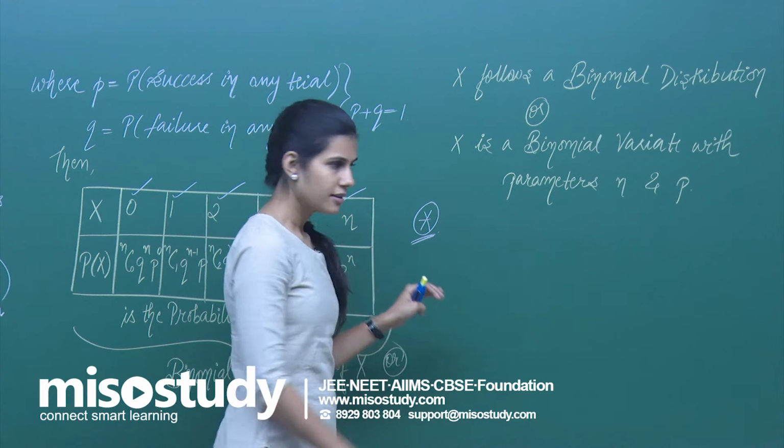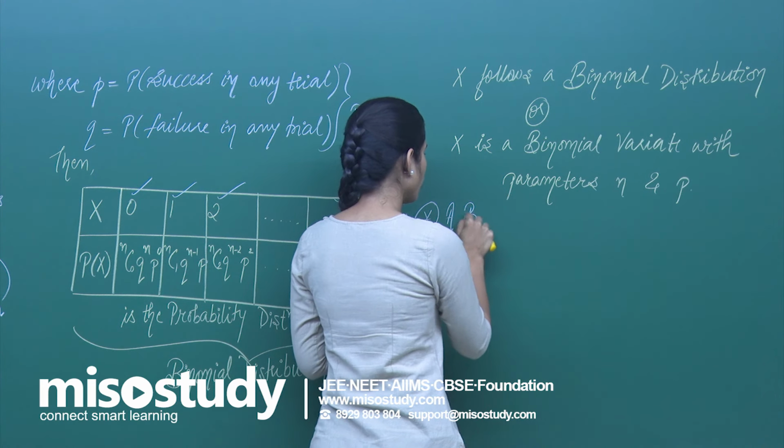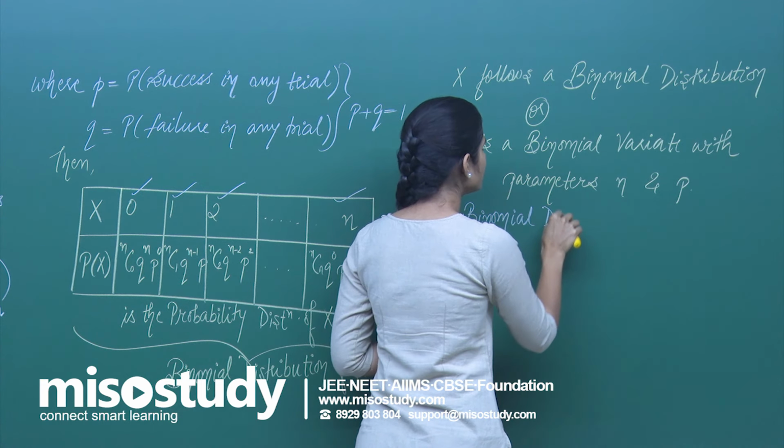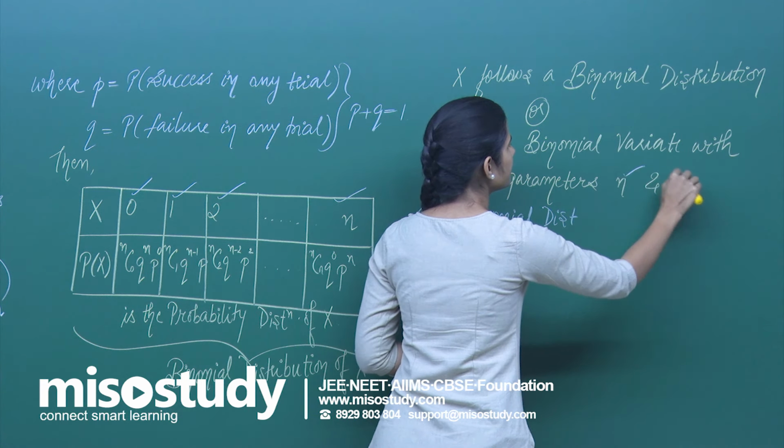Here we say that any binomial distribution is known by these two parameters, okay.